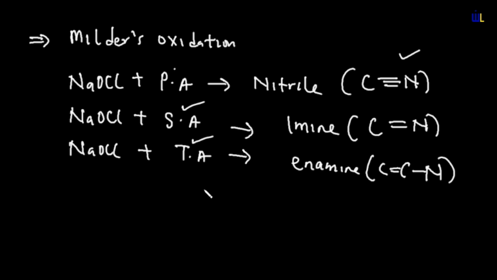Having said this, the final form of oxidation that we are going to be considering is the oxidation using hydrogen peroxide. So in this case we are considering H2O2 plus primary amines. If you react your H2O2 and your primary amines, what is usually produced is your nitroso compounds.